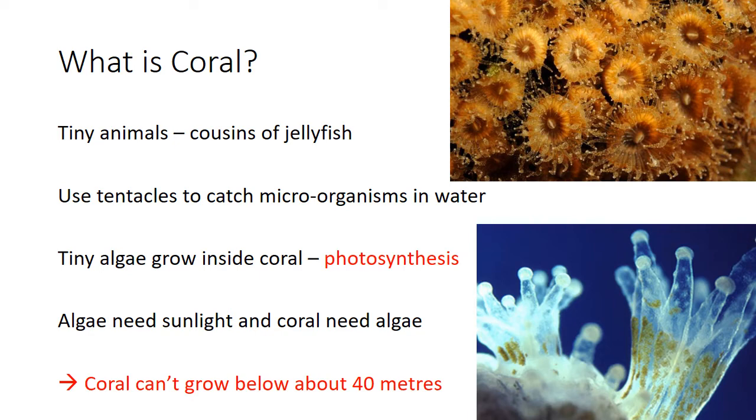So, coral needs sunlight. This is why coral can't grow below about 40 meters in the water, because there is no sunlight there. In the picture, you can see the algae inside the coral's tentacles.